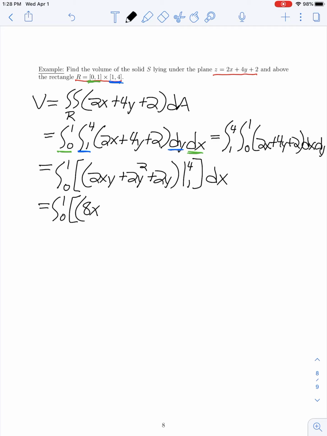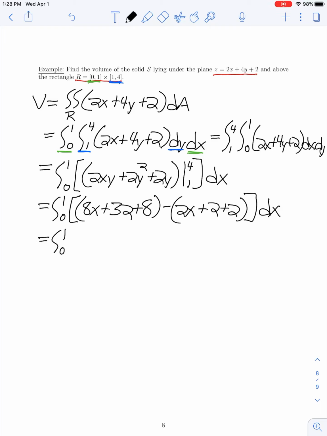So let's see what we get for our inner value here. We've got the integral from 0 to 1 of, substituting 4 in for y, 8x plus 32 plus 8. And then we subtract what we get when we plug in 1 for y. So here we have 2x plus 2 plus 2.